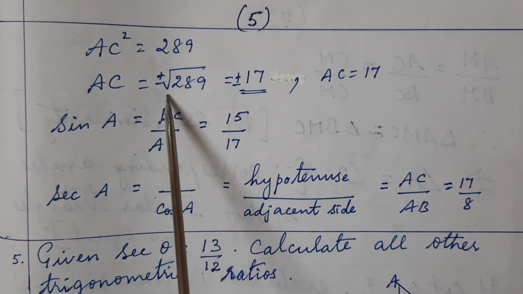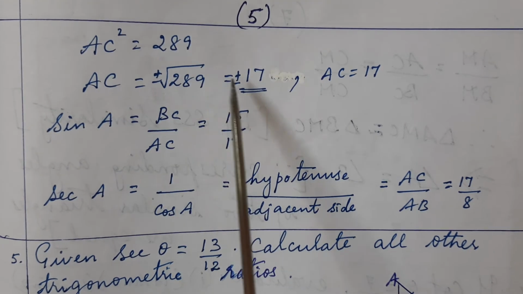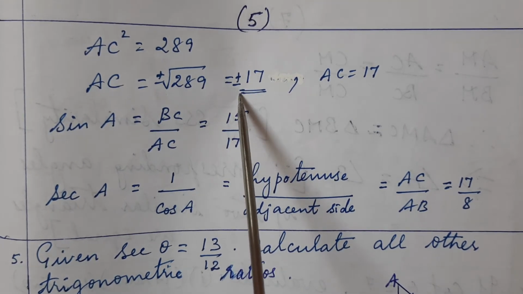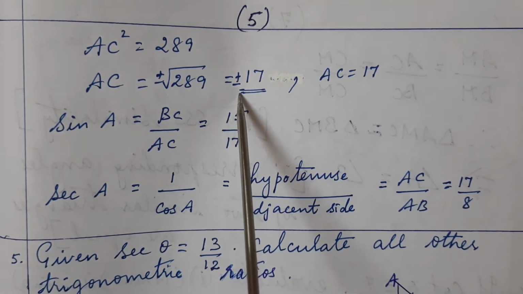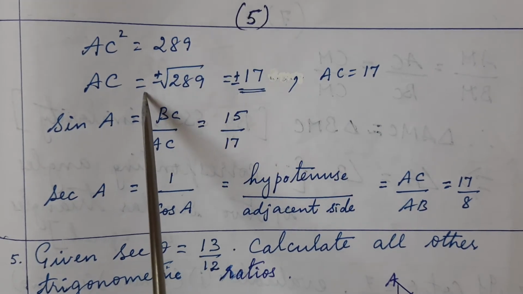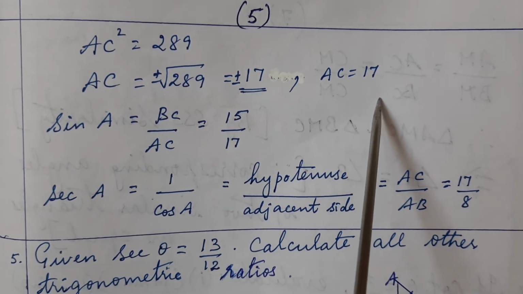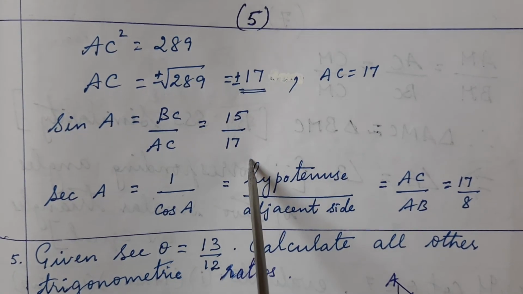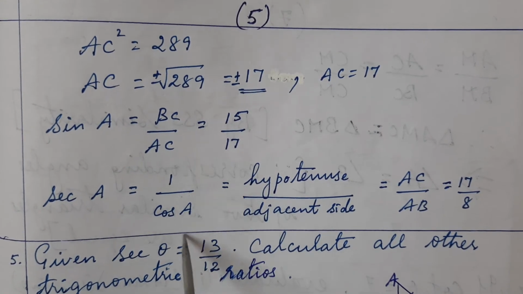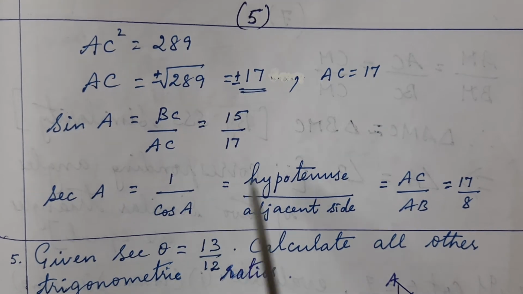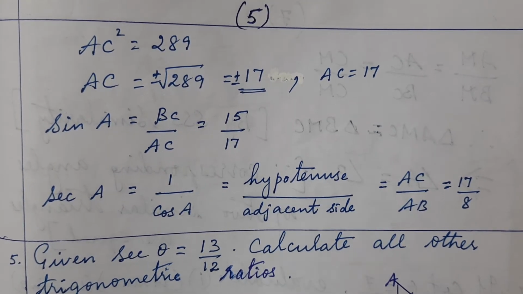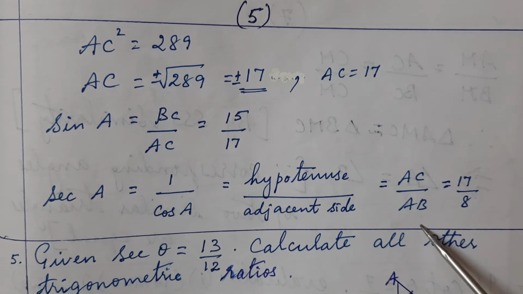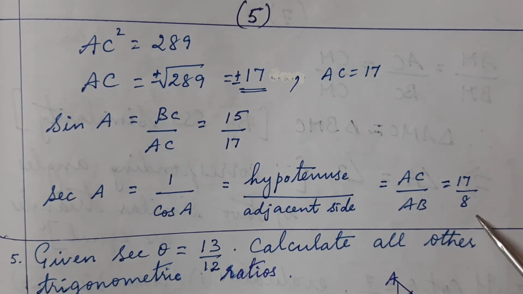AC is equal to plus or minus root 289, that is nothing but plus or minus 17. Now I know very well I should not take negative value for the side, so I am writing AC is equal to 17. So sin A is equal to BC by AC, that is 15 by 17. Secant A is 1 by cos A. What is that 1 by cos A? Hypotenuse by adjacent side. So it becomes AC by AB, that is nothing but 17 by 8.